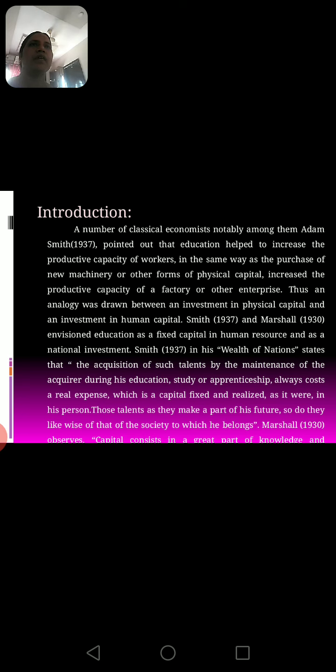Thus, an analogy was drawn between an investment in physical capital and an investment in human capital.